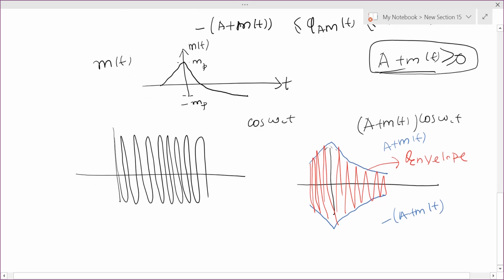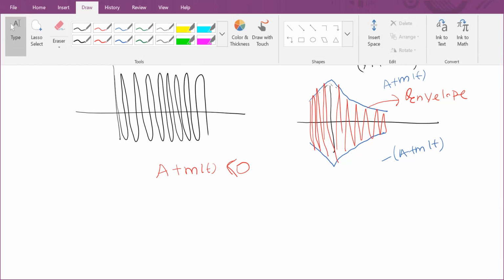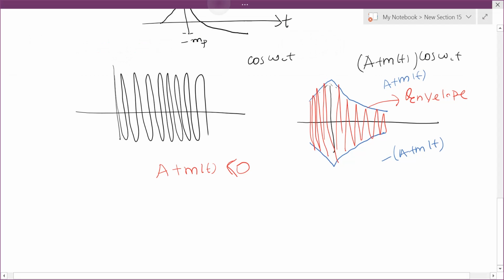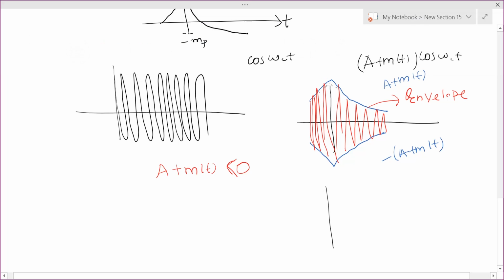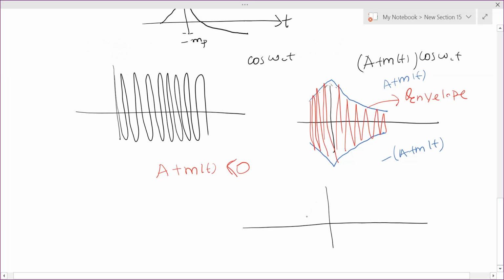The shape of the envelope is proportional to the message signal. That is important. But if the value of A is such that A plus m of t is less than 0 sometimes, just a moment, I will plot it. This is your x-axis, y-axis, and see, this is the message signal I am plotting here. This is m of t plus A, but the value of A and m of t is such that it can be negative also.